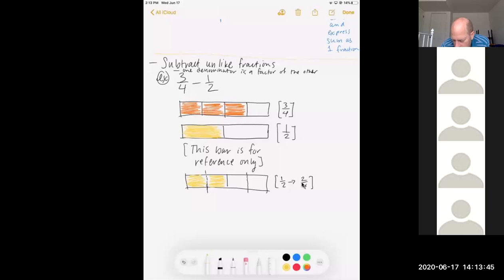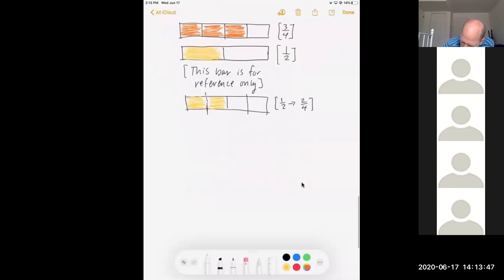And notice that that's what I need to cross out from my 3/4. And so I'll show my crossing out here. Okay, so those pieces there were crossed out.